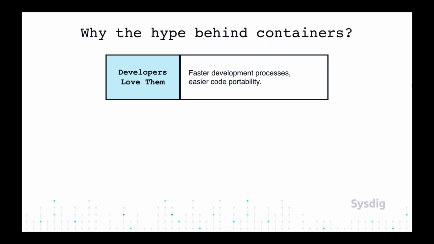Developers love the idea of containers because it gives them the opportunity to build code that can be placed into production in a more portable fashion, moved across environments, with a more iterative development process that helps them deliver code more quickly, make improvements, and so on. There's a lot of love for the way containers enable you to do that.